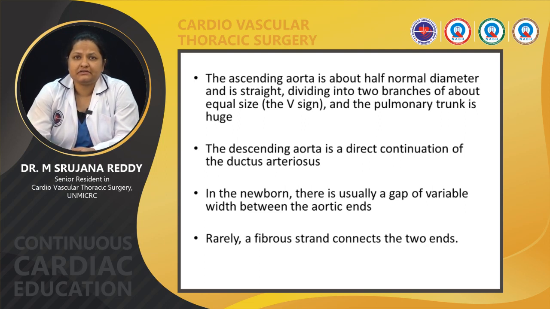In newborns, it's often found that the gap is of variable width between the 2 aortic ends, and rarely there can also be a fibrous strand which connects both the ends, and it usually appears like a very severe coarctation in between these ends.